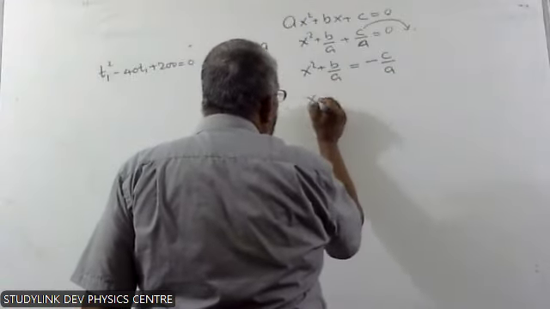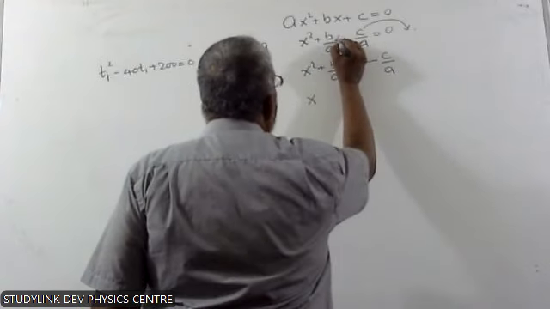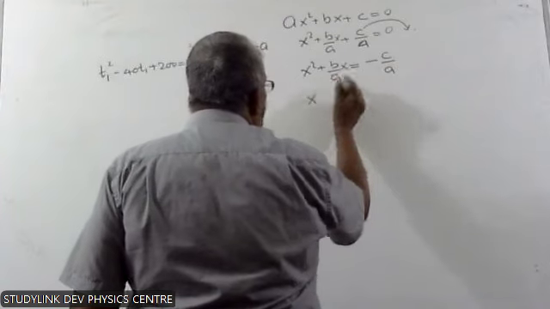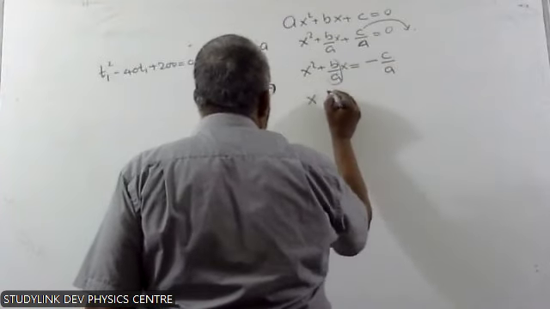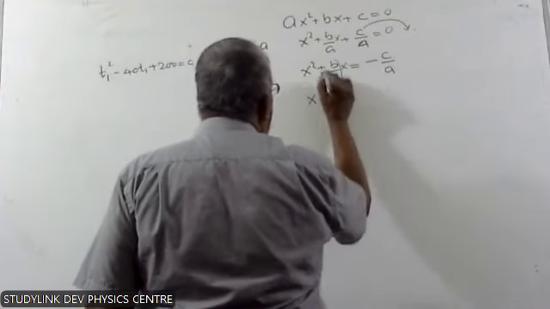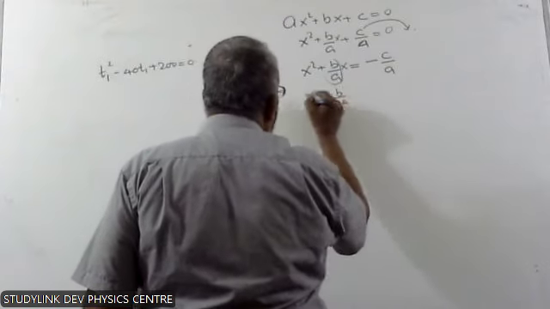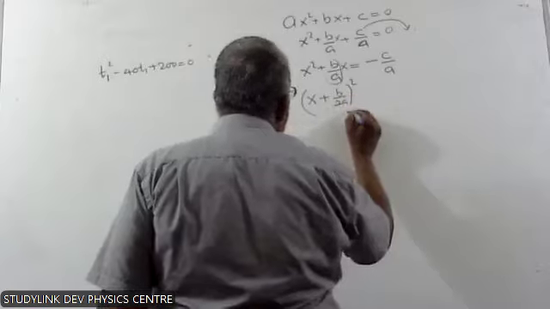Then x, here you take half of the constant of this x. That is, plus sign, plus b over 2a, half of this, whole thing squared.